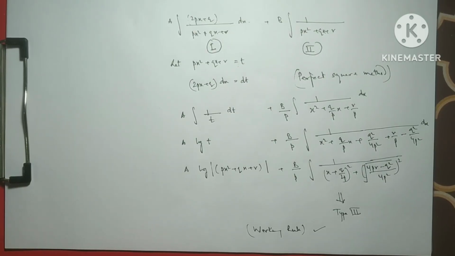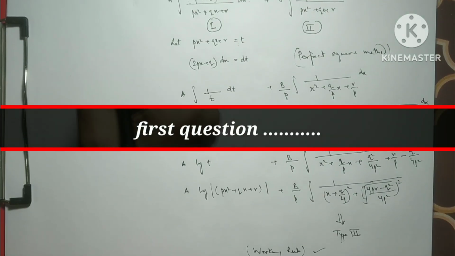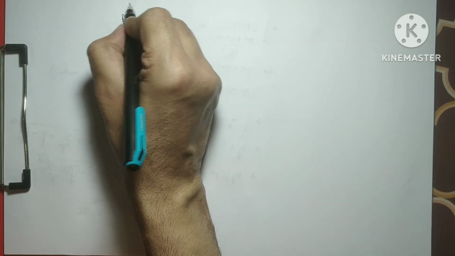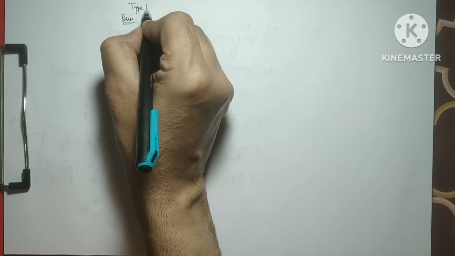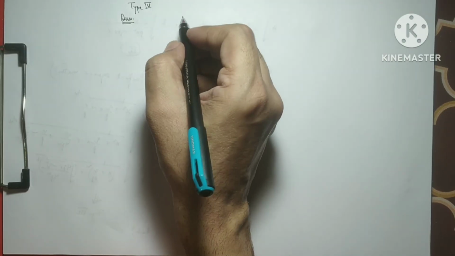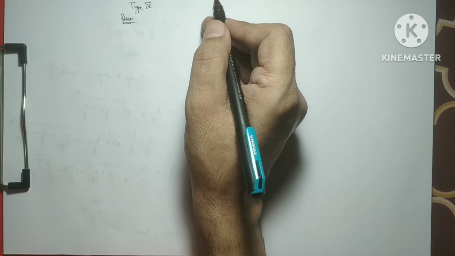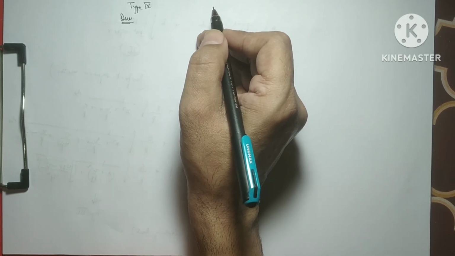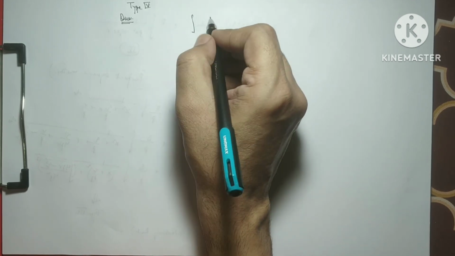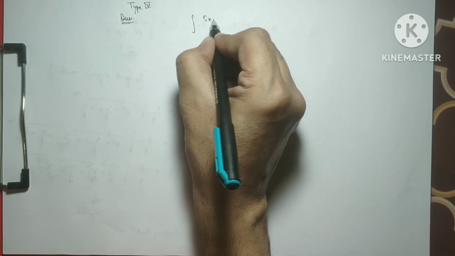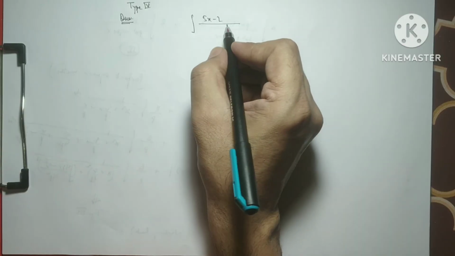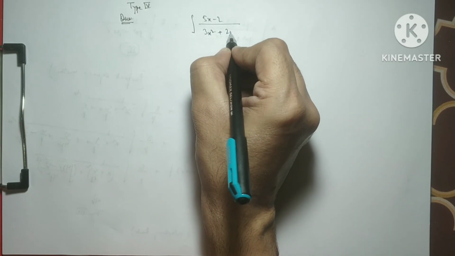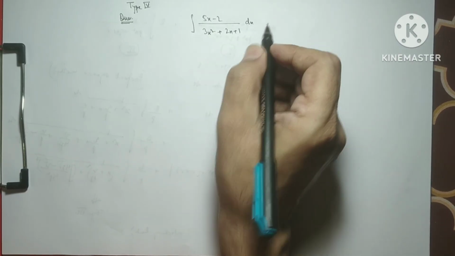Now we discuss the numeric questions. So we are taking a question of type 4, meaning in the numerator we have a linear part and in the denominator we have a quadratic equation. It is given like 5x minus 2 divided by 3x square plus 2x plus 1 dx.